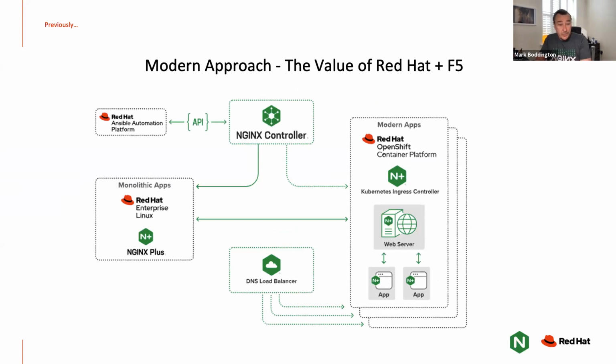And that's very much where NGINX Plus is deployed in an infrastructure as a service or even a monolithic environment. But it can also manage ephemeral instances in OpenShift Container Platform. And we also provide Kubernetes ingress controller functionality for both OpenShift and also Kubernetes.